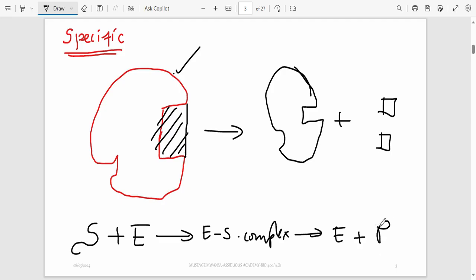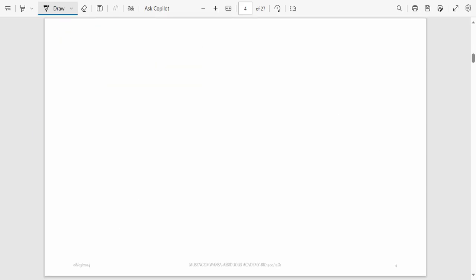That is very important, okay? About specificity, what we are saying is that each enzyme is going to have only one substrate it can work on. One enzyme is equal to one substrate. That's what we mean if we say enzymes are specific.